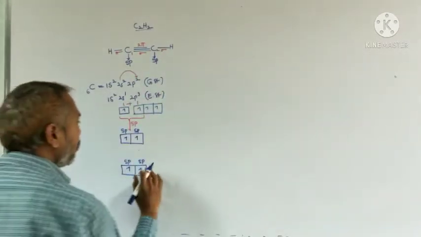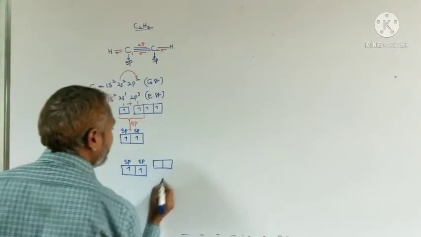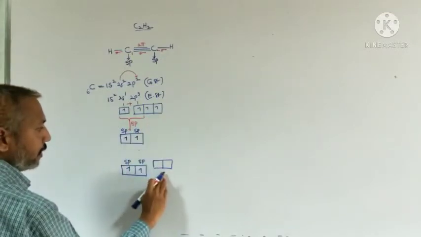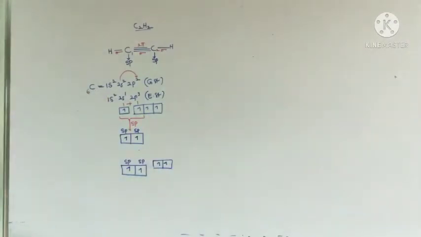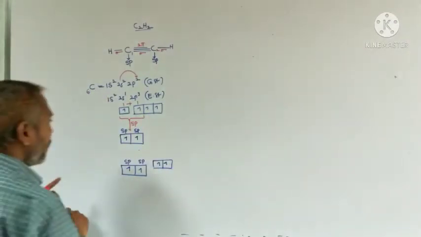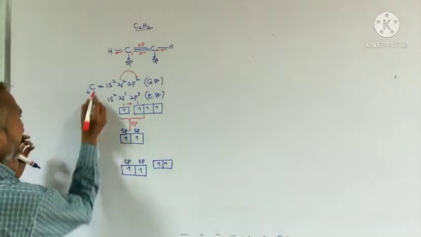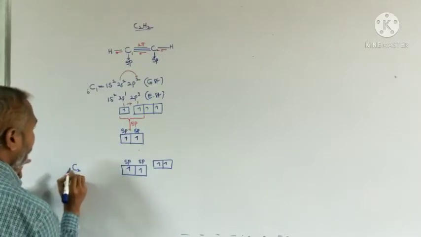After hybridization, the remaining 2 orbitals are unhybridized orbitals. These belong to the C1 carbon, and these belong to the C2 carbon.